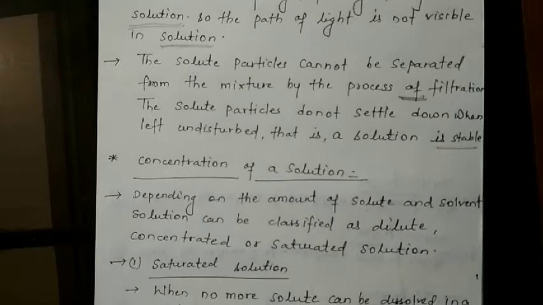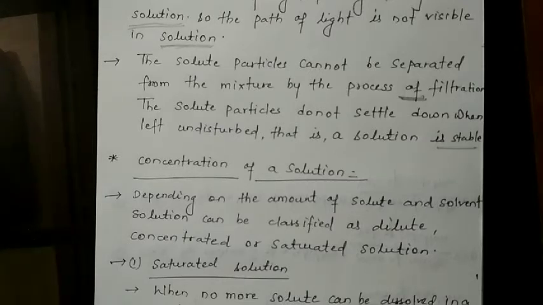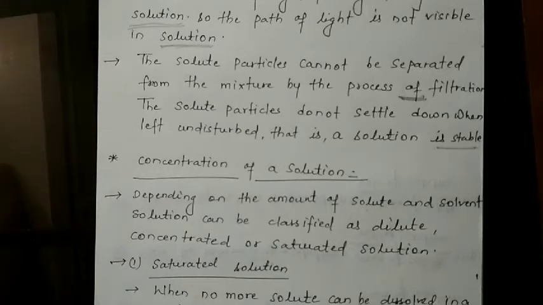That is a concentrated solution because it contains more solute, and the 50 gram solution contains less solute, so it is dilute. It means the amount of water in a dilute solution will be more.